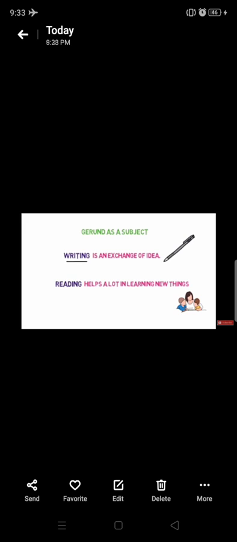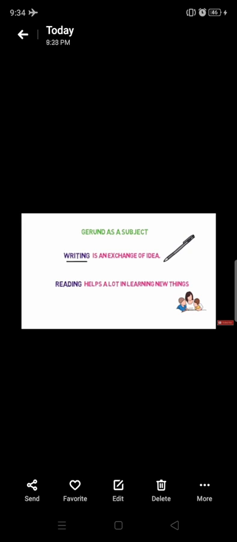Here, the word writing, write is an action, it's a verb, right? But here it is no longer used as a verb, but instead it is used as a noun, because writing is acting like a subject of this sentence. So what is an exchange of idea? Answer is writing. So here writing is a gerund.